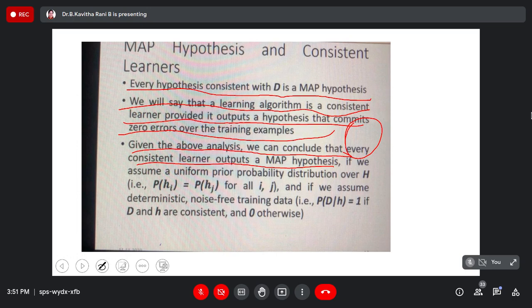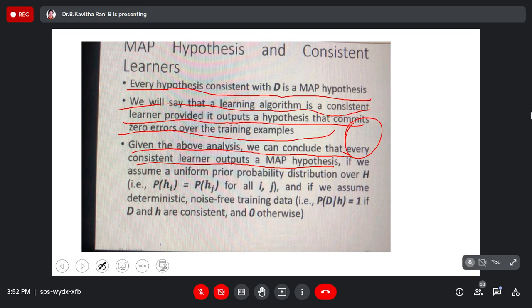It can be any learner: a neural network learner, backpropagation, candidate elimination, Find-S, decision tree, any learner. If it identifies the consistent hypothesis, that is the maximum a posteriori hypothesis, then we say that the particular learner is a consistent learner.